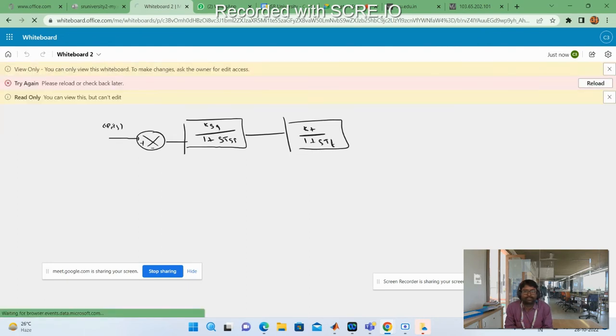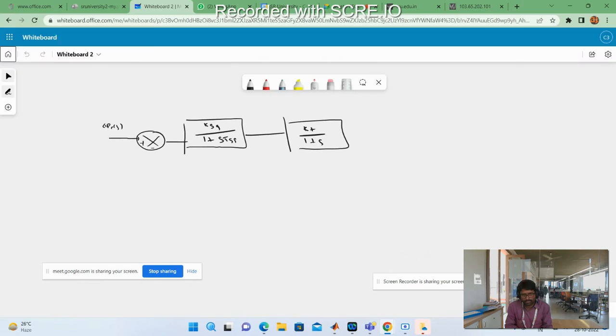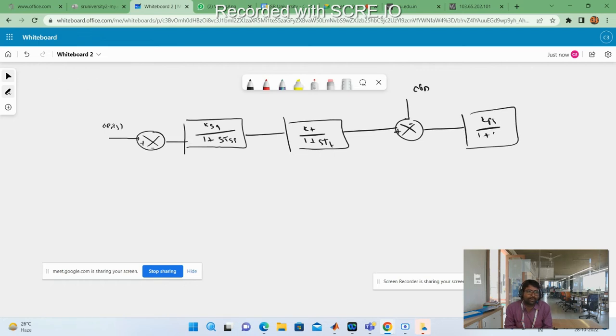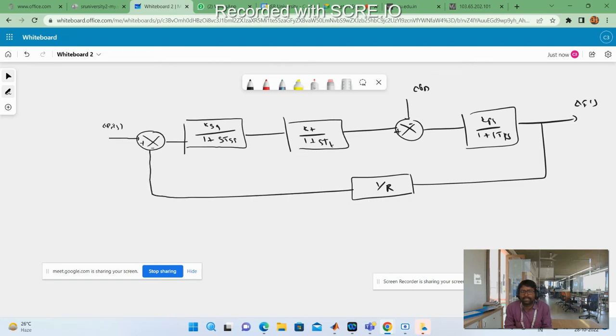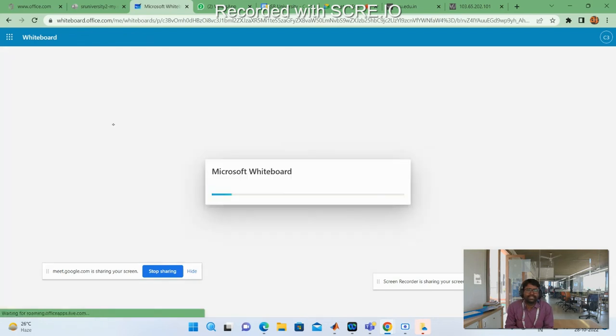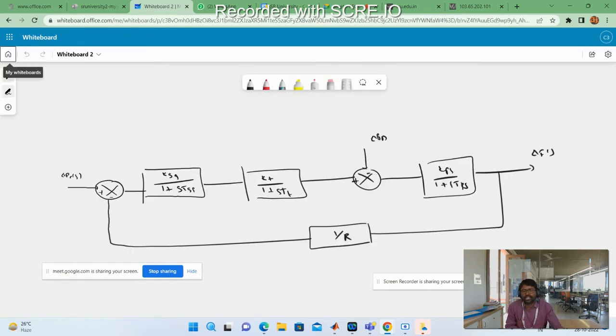Then again a difference block with plus and minus for the step change load delta PD, and the power system plant KPS divided by 1 plus STPS, giving delta F of S. This delta F of S comes back as feedback through the speed regulation 1 by R. That's it. This is generally the single area load frequency control diagram of an isolated power system.